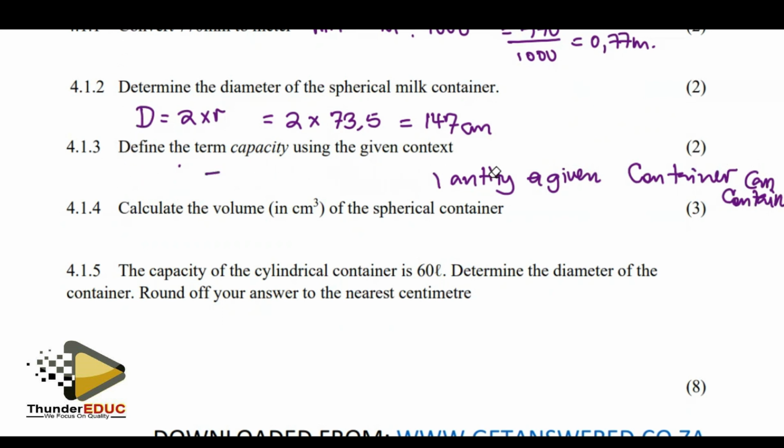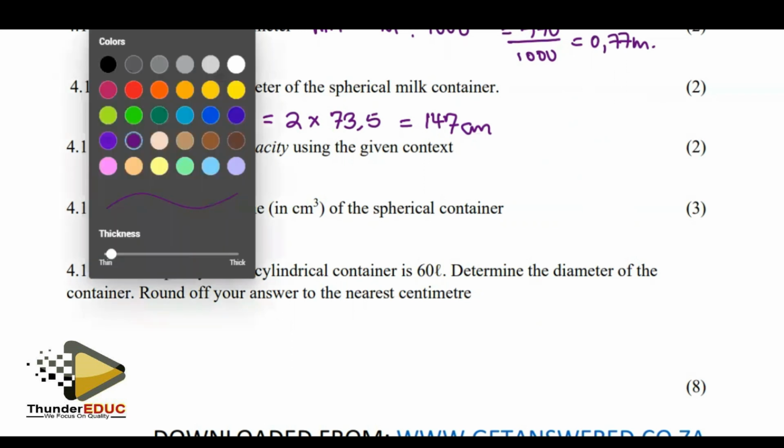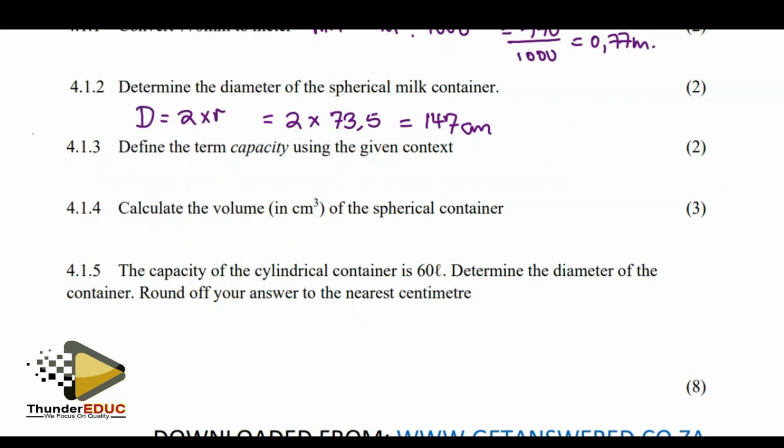If not, you might say in this context now, capacity is the amount of milk these containers can carry.